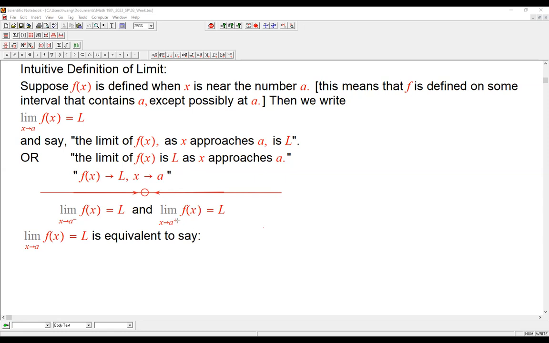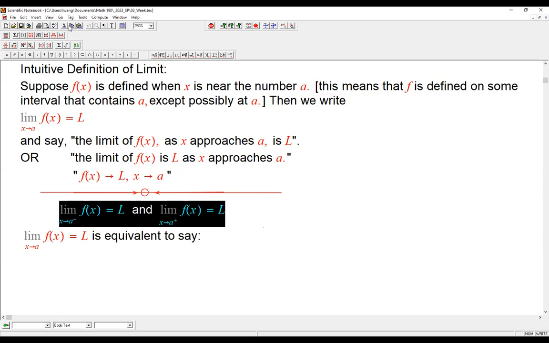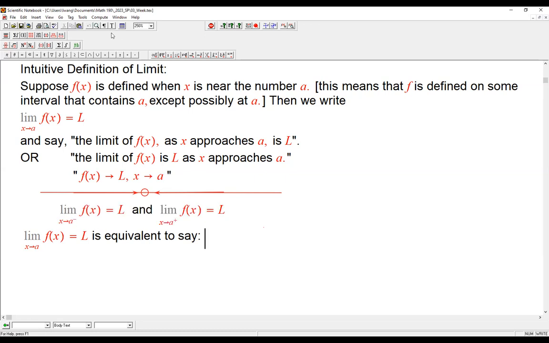If you drop the plus sign, that will be considered different. Now, if the limit exists when x approaches a, this is also equivalent to say that both of these are true at the same time. And the key word connecting these two is "and."